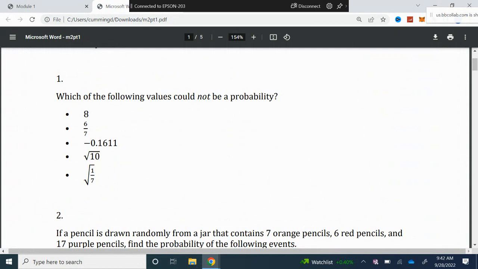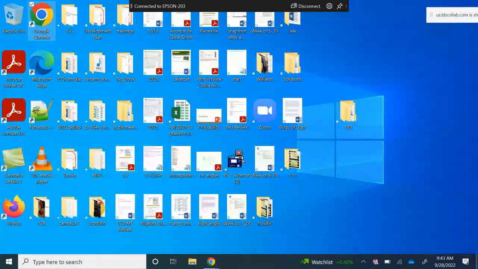We're given 8, 6/7, negative 0.1611, the square root of 10, and the square root of 1/7. So we are asked to determine which one could not be a probability.